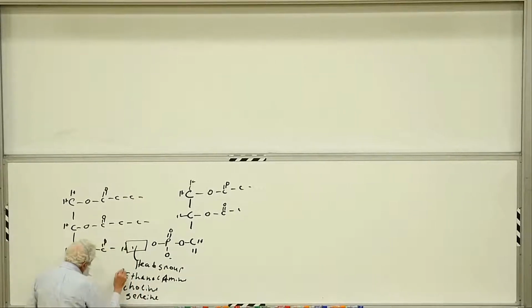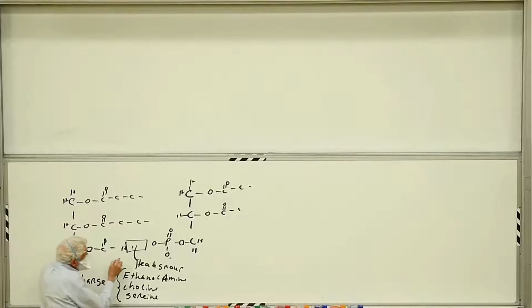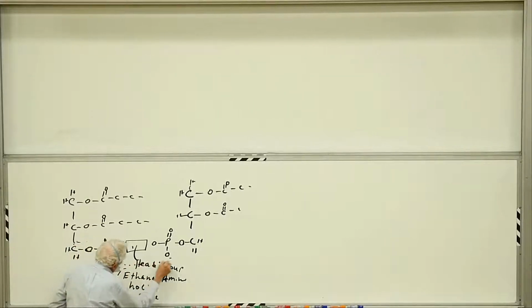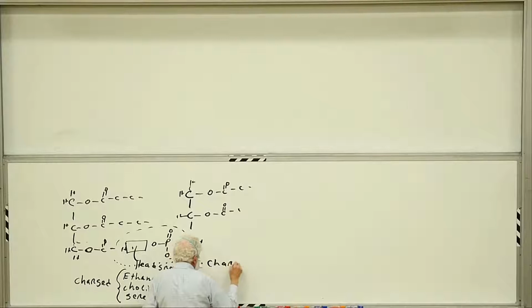What all of these have in common is they're charged. It turns out ethanolamine and choline are positively charged, serine is a slight negative charge, but nonetheless they're charged. So taken in aggregate, if we think about the head groups and the phosphate, this is a properly charged region.